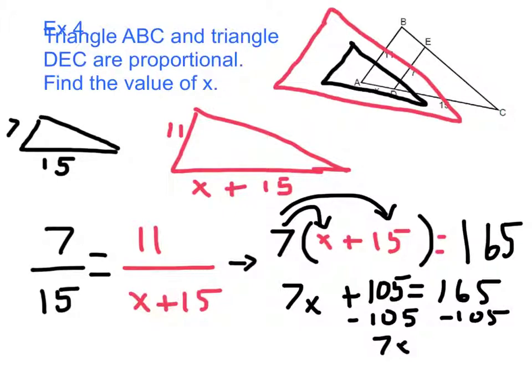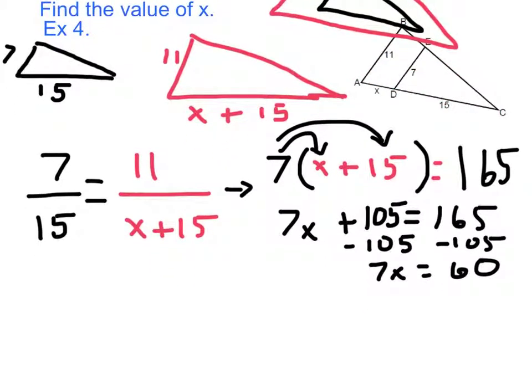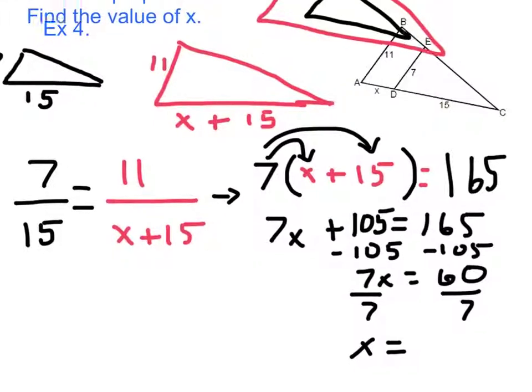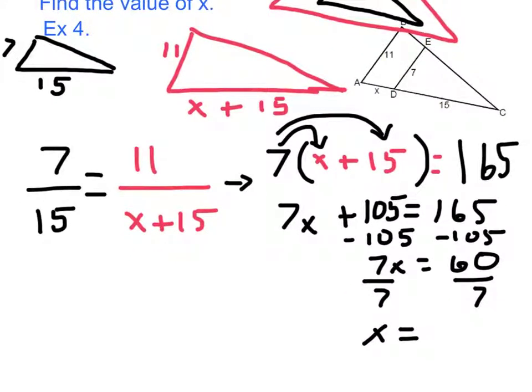So we see 7x equals 60. Divide both sides by 7. So x equals 60 divided by 7 equals, oh, messed up, 8.57. That's the rounded decimal.